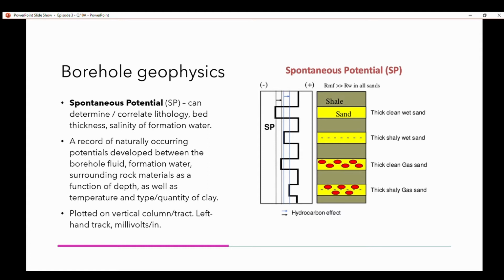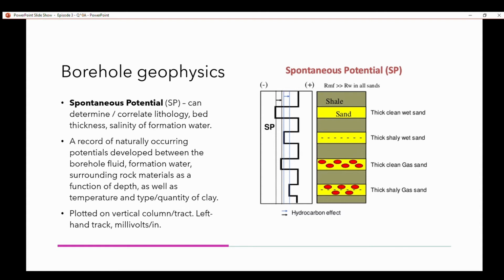It's plotted on a vertical column or track, typically on the left hand side, in unison with a bunch of different methods. It could be run with gamma, it could be run with resistivity, and it's in millivolts per inch.